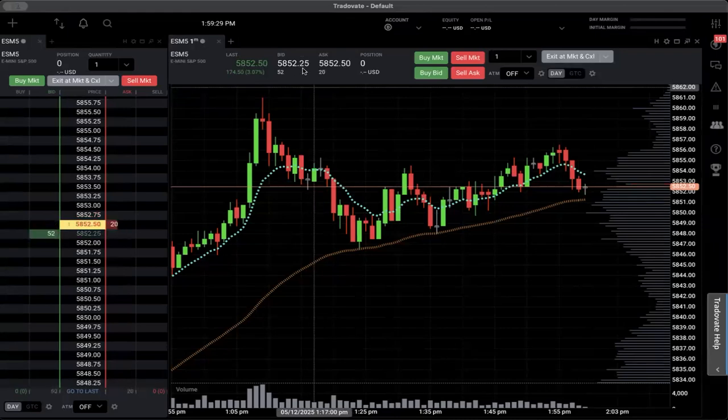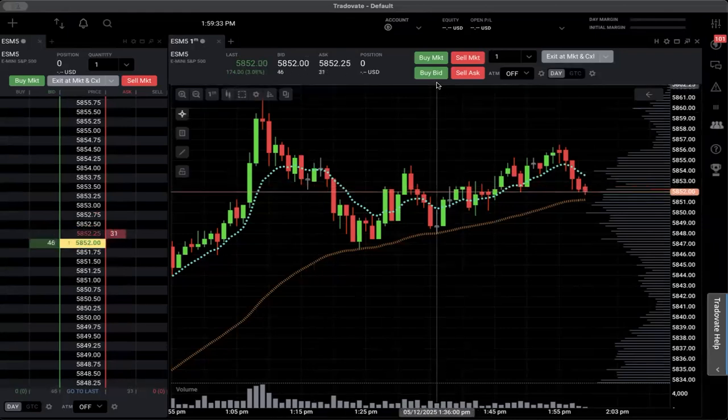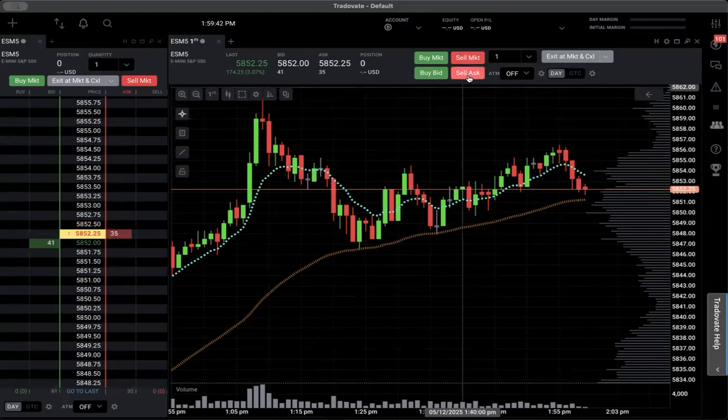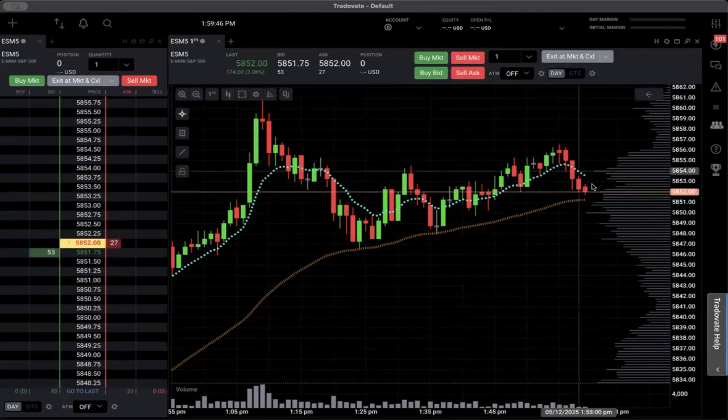So there's a difference in price by about one tick. So when you hit buy bid, you're joining the bidders. You're saying I want it to be less than what the market is currently at right now. Now, sell market, sell ask, the inverse. Sell market is at market price.